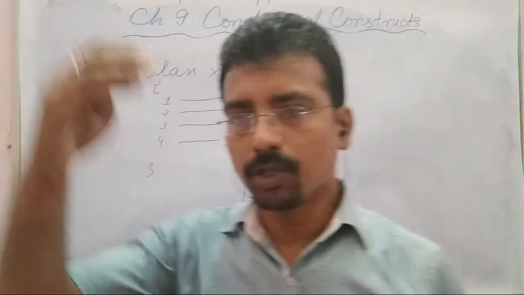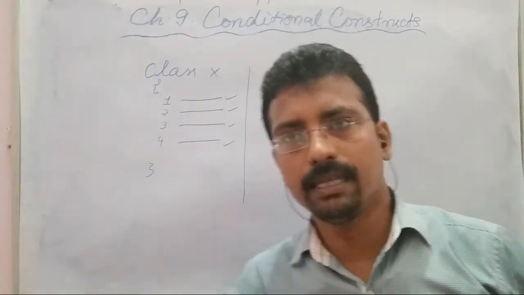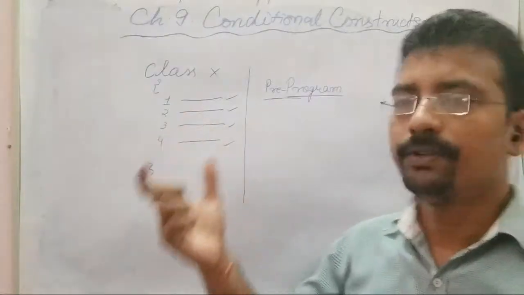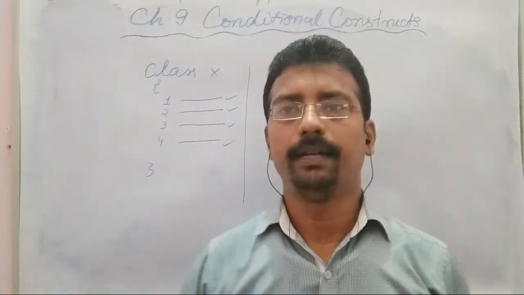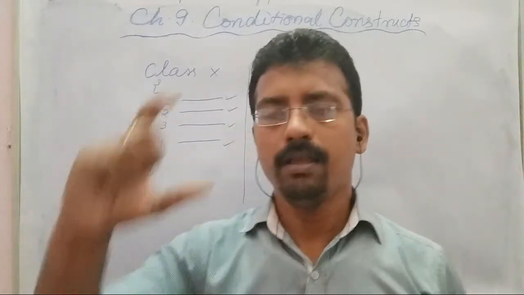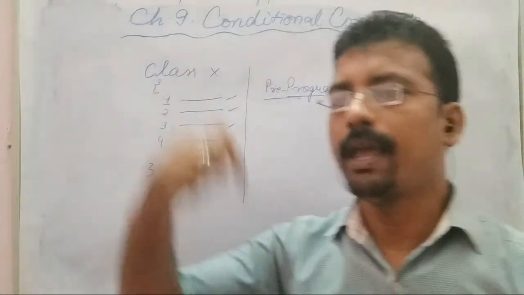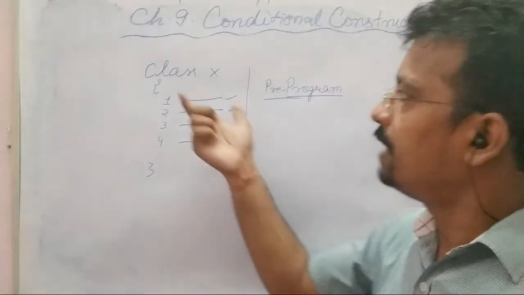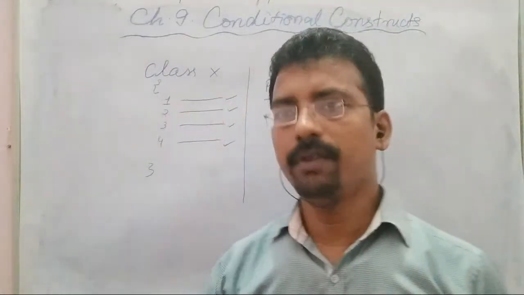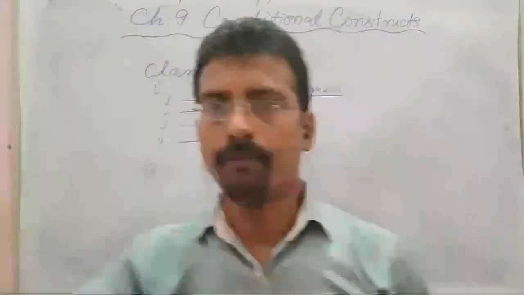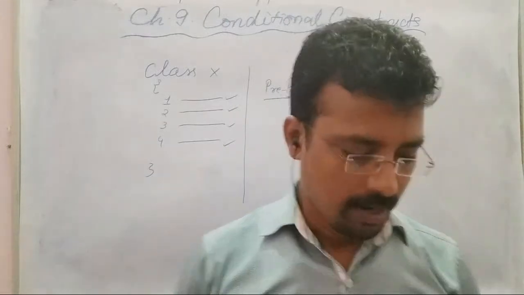So likewise all statements execute in the program. This kind of ordering, this kind of sequencing is done in programming while execution. So this is a kind of sequence that every Java program follows. Okay.